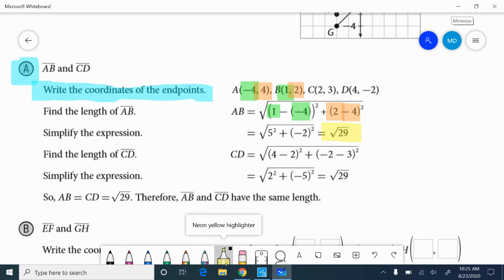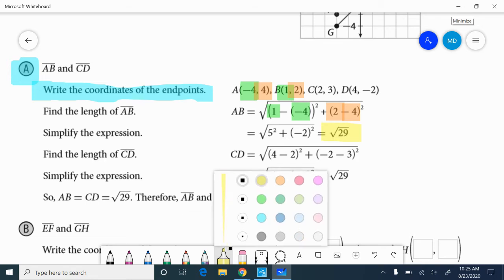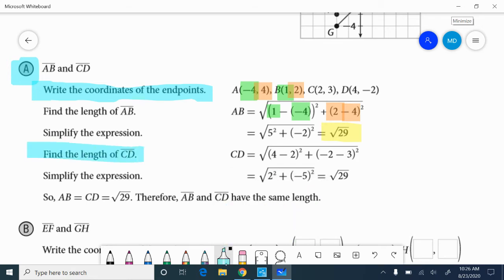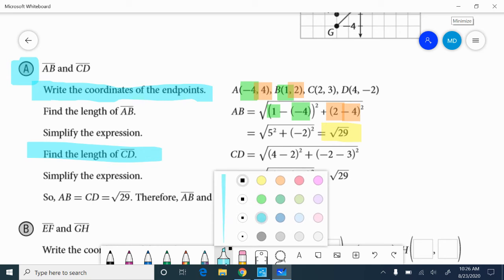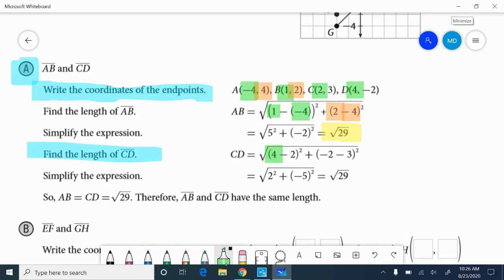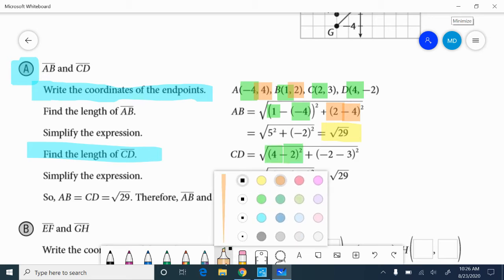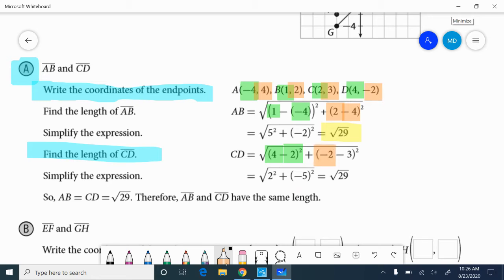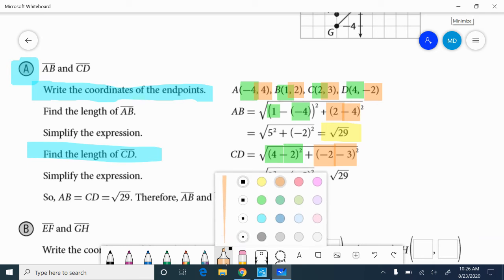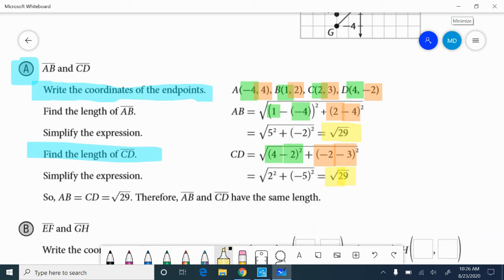And now we're going to move on and find the length of CD. So we're going to look at our x coordinates, which are 2 and 4, and that's why we're subtracting them here. And then we're going to look at our y coordinates, which are 3 and -2, and that's why we're subtracting them here. Once you simplify this down, it comes all the way out to the square root of 29.